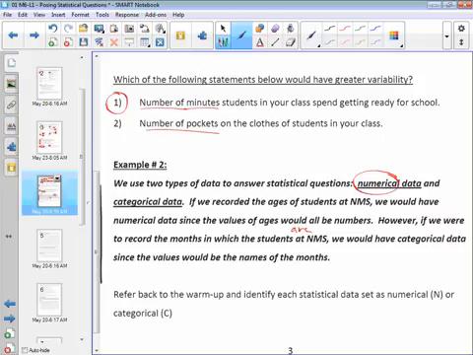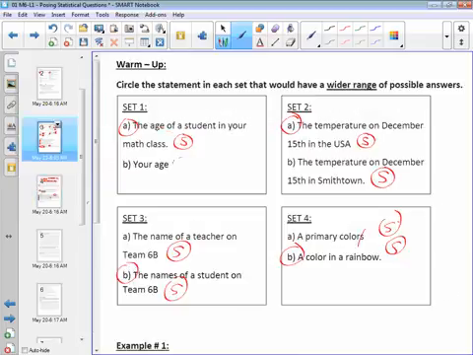Numbers. Whereas categorical data has the word category in it. It's words like favorite pizza, favorite colors, birth months, where the responses are not numbers. That's called categorical data. So they want us to now go back to the warm-up again and identify which is numeric and which is categorical.